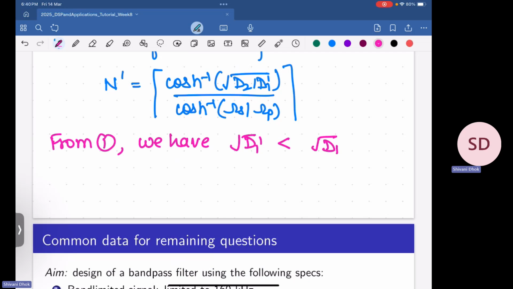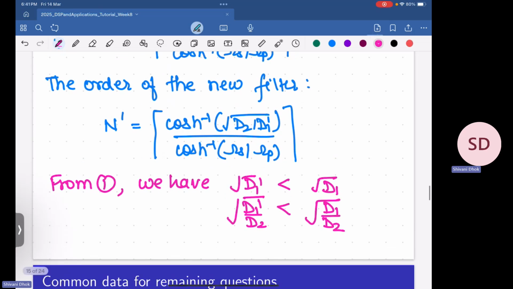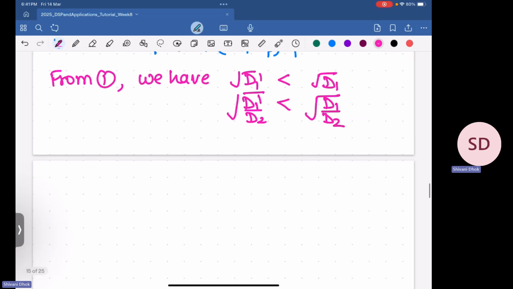Which means that under root of d1 prime by d2 is less than under root of d1 by d2, since d2 is a positive quantity. So this thing here, I can take its reciprocal. So therefore what we get, under root of d2 by d1 prime is greater than under root of d2 by d1.